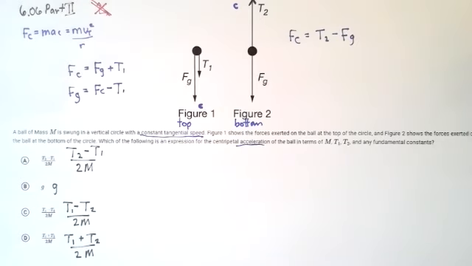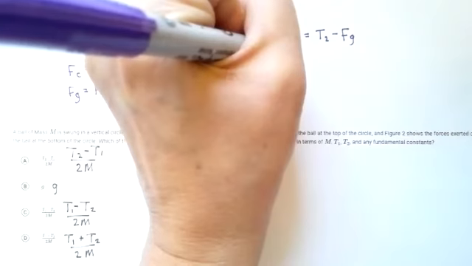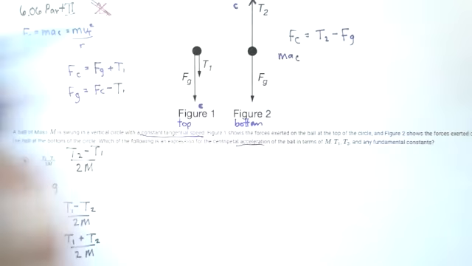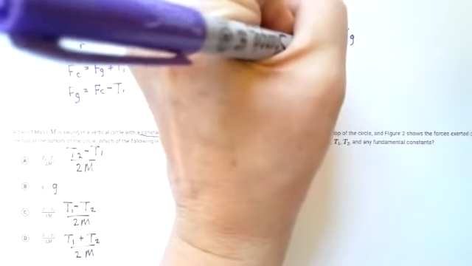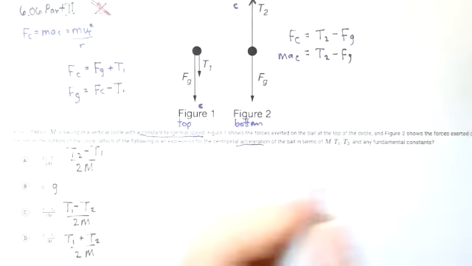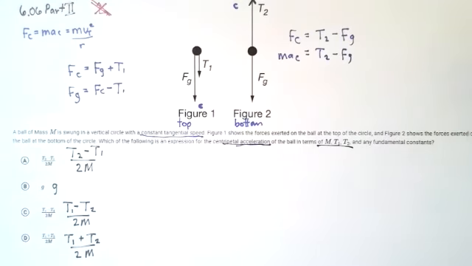Actually, I probably could have done that differently, but I'm going to leave it like that. I also know that centripetal force is equal to mass times centripetal acceleration, and that's T2 minus Fg. Remember what they're asking for is centripetal acceleration in terms of m, T1, and T2.